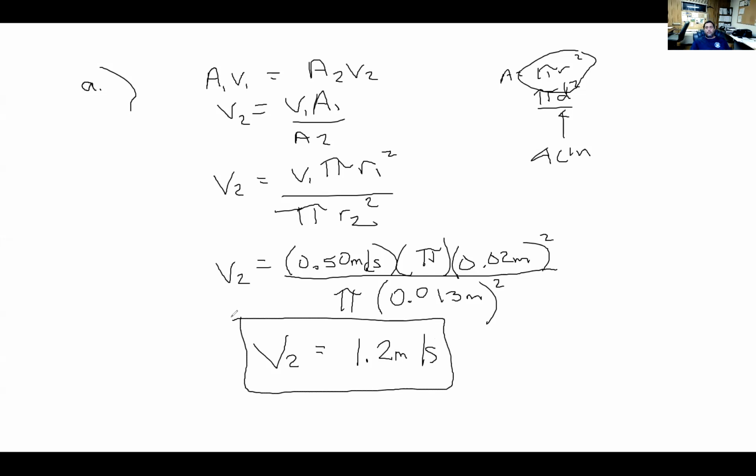Based on everything we've seen so far, this makes sense. If you reduce that pipe size from 4 centimeters in diameter to 2.6 centimeters in diameter, I've increased the velocity up to 1.2 meters per second. So that's the first part of this problem.